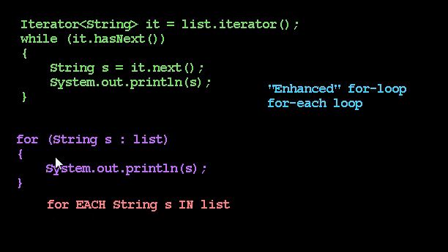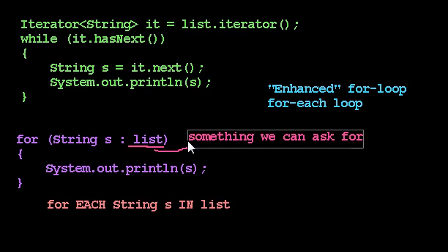I think it helps to think "for each" when you see this funny for loop notation, and to think of the word "in" when you see the colon, because that's really the purpose of the colon. But this is really shorthand for using an iterator. It really is.